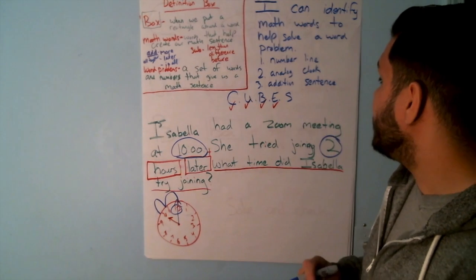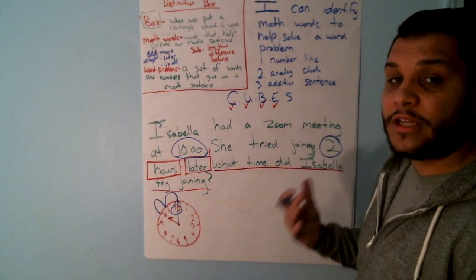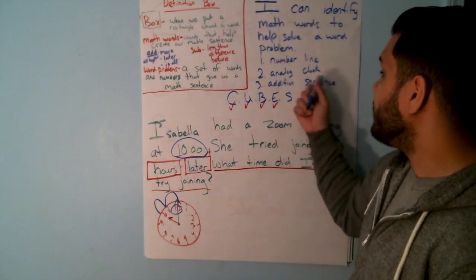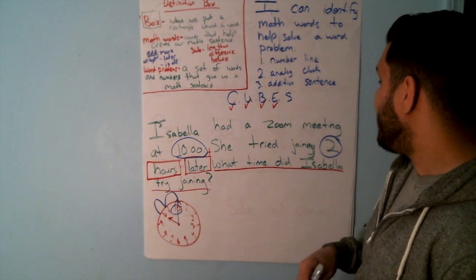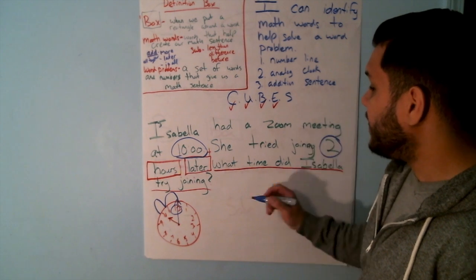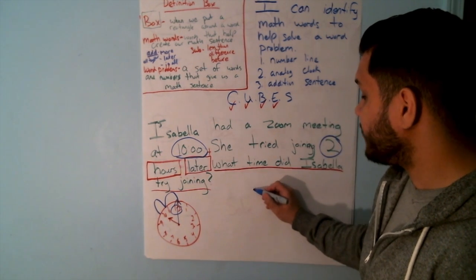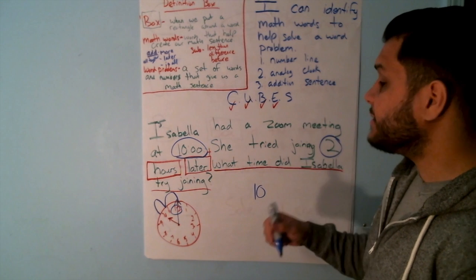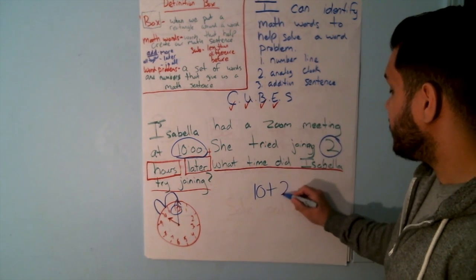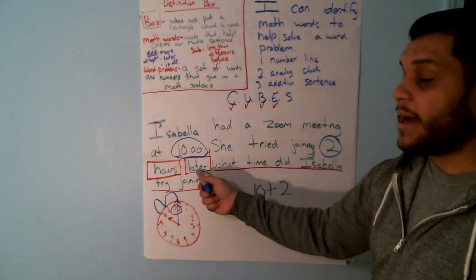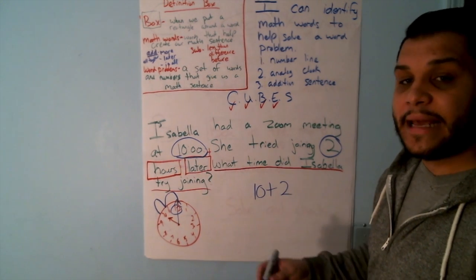Let me check another way because we solve and we check. So I solved it. Now I'm going to check it using a different one. And I said I was going to use my analog clock and my addition sentence. So we're going to have the first number, which is 10. And then it says that we're going to add how many more? Yes, 2 more. I know I'm adding because my math word was the word later.